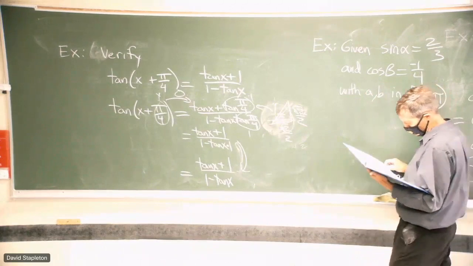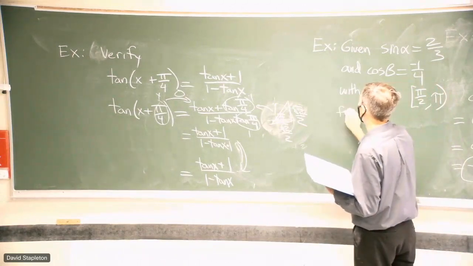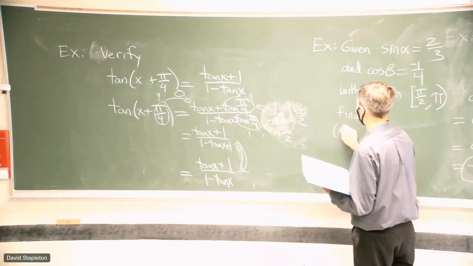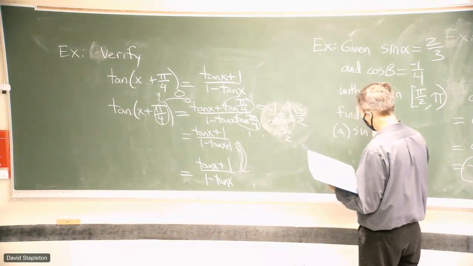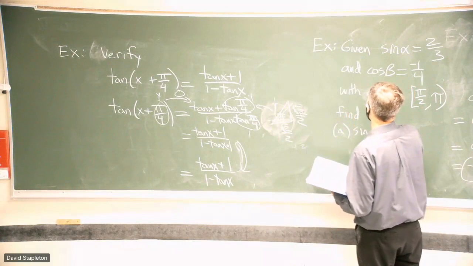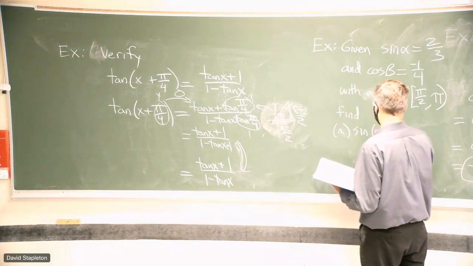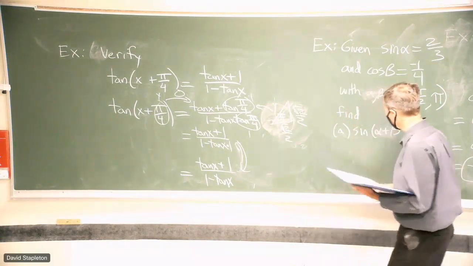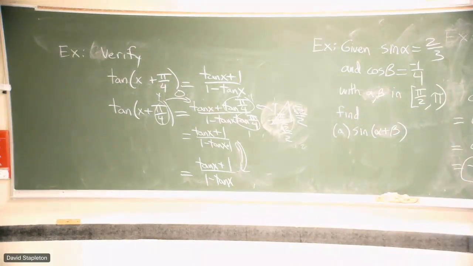Find sine of alpha plus beta and cosine of alpha minus beta. What is the sine of alpha plus beta if I know these? All right.